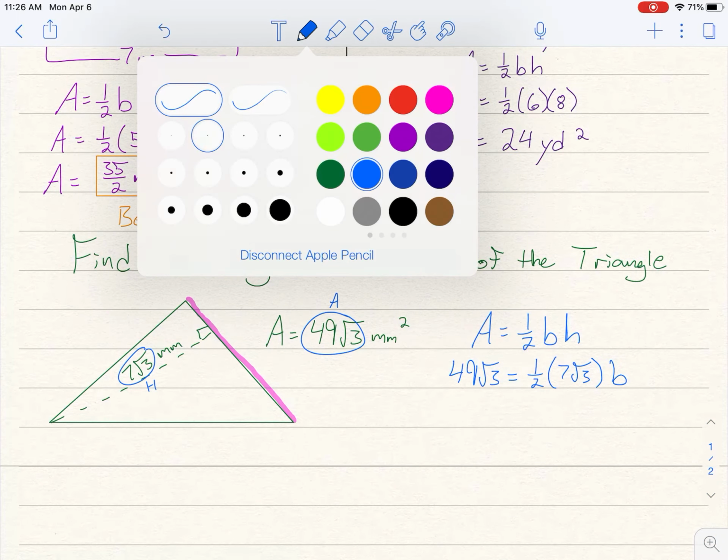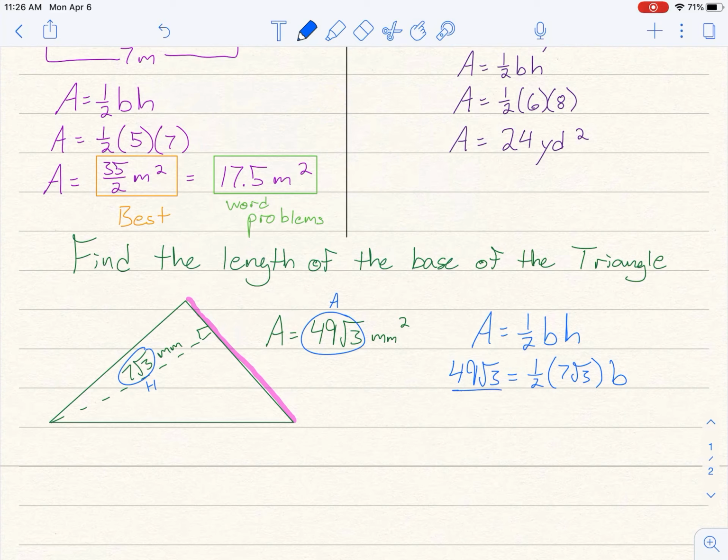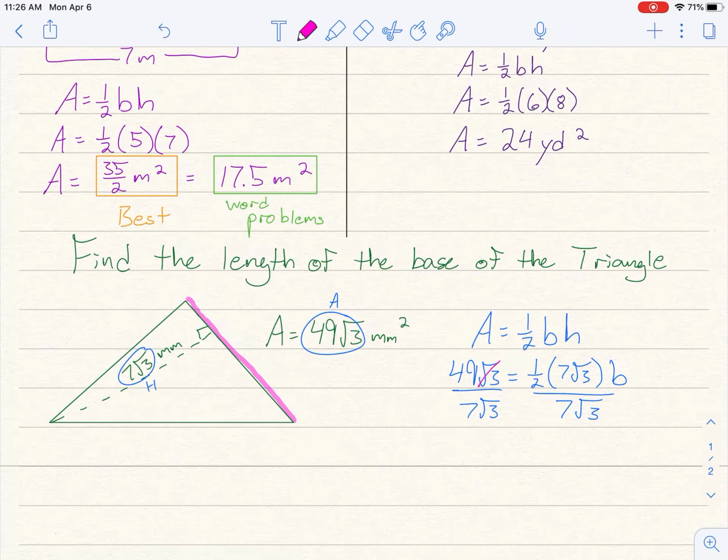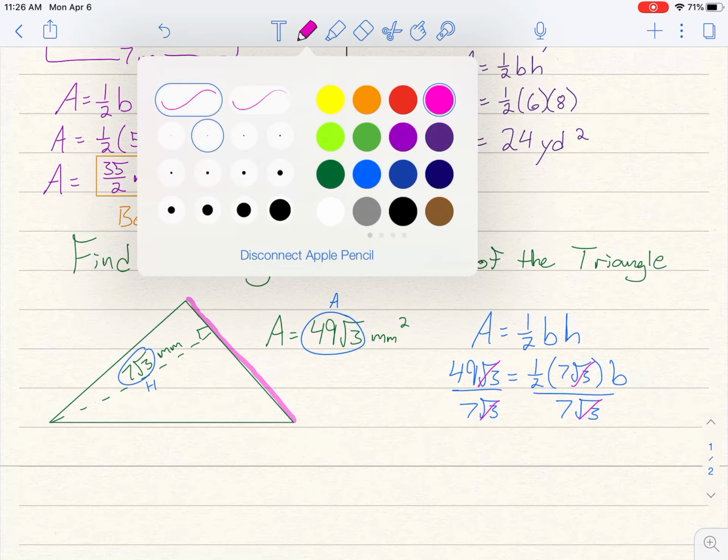So first what I'm going to do is divide by 7√3, because we're trying to solve for b. So divide by 7 square root of 3. The cool thing is that the square roots of 3 are going to cancel out. So it's really 49 divided by 7.